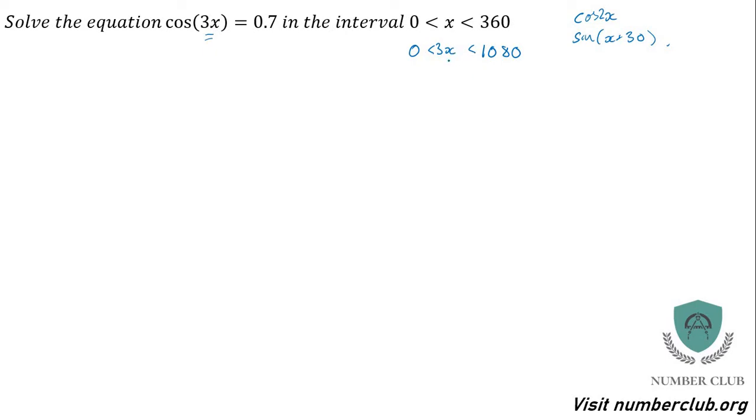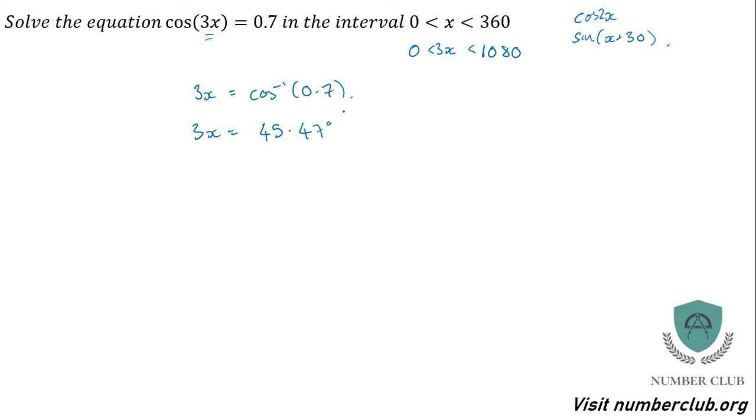And so essentially what I want to do is find all the values between 0 and 1080 that work, and then from there find all the values if it was just x we were talking about. So 3x is equal to the inverse cos of 0.7. Tap it into your calculator, shift cos 0.7, and you get 45.47.